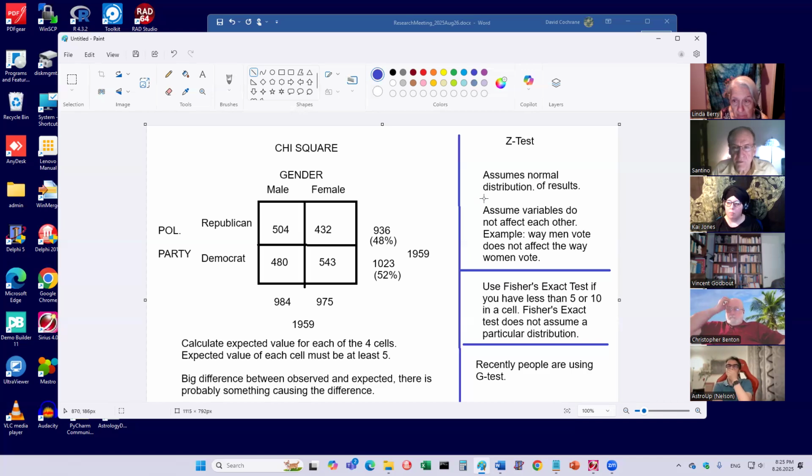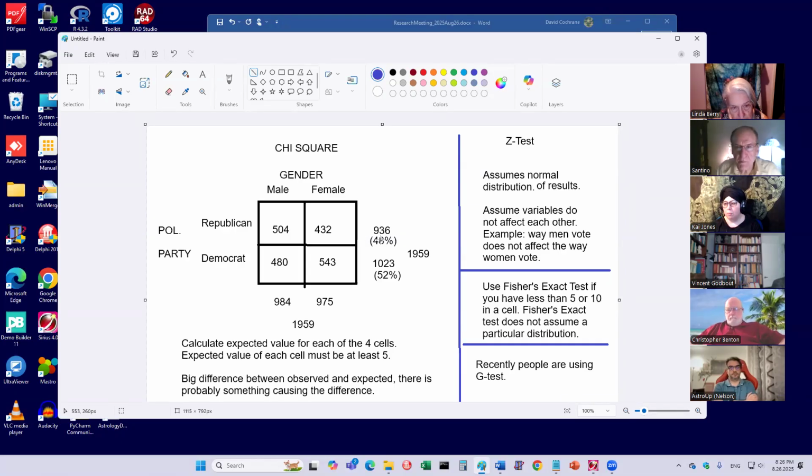So what Christopher is saying is that if you ran all three of these, in reality, with a fairly large sample size, you're going to get similar values. Typically, a worse value means a higher p-value with Fisher's exact test because it's more conservative. And what he's also saying is that if you get p less than 0.001 or better, you've got something.